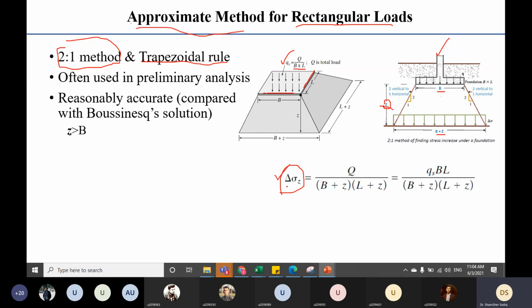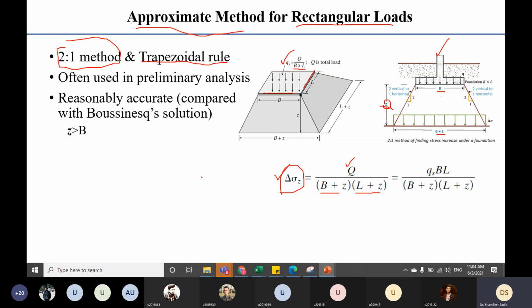The added vertical stress at any depth z is equal to capital Q divided by (B plus z) multiplied by (L plus z). So if there is a rectangular footing with this much load, you convert that load into the intensity. You know the dimensions of the footing and the depth.